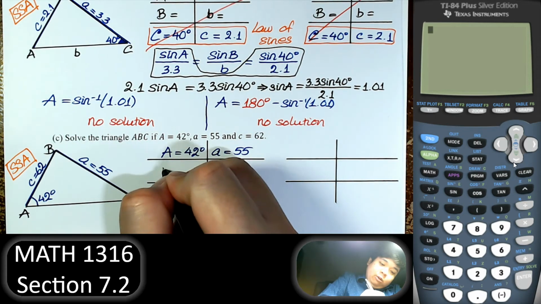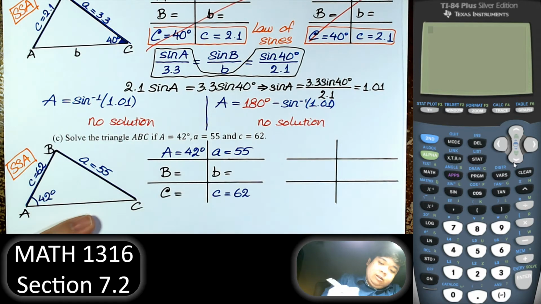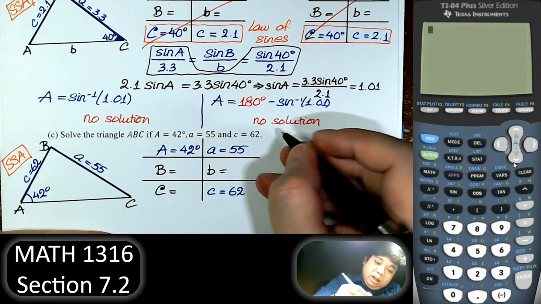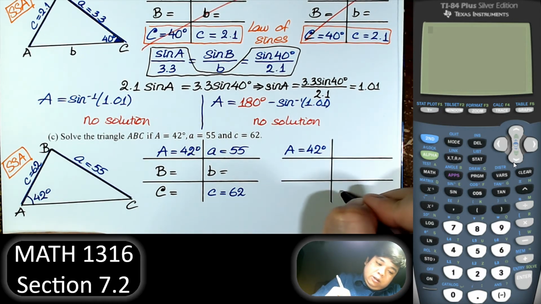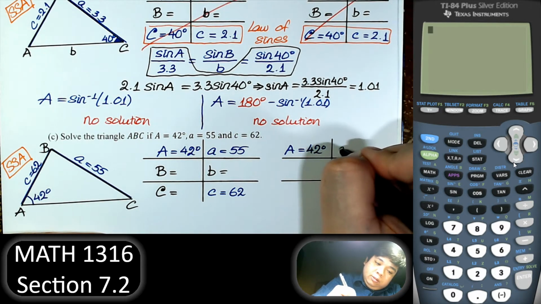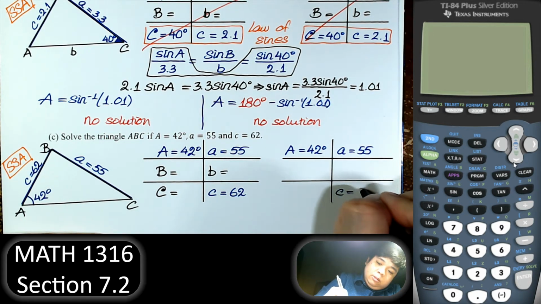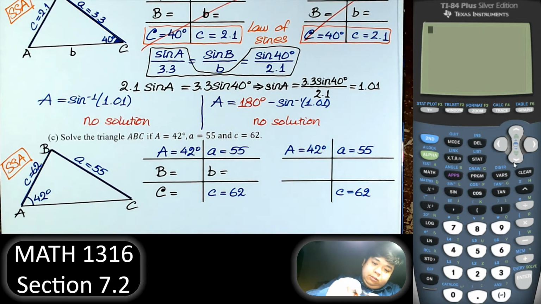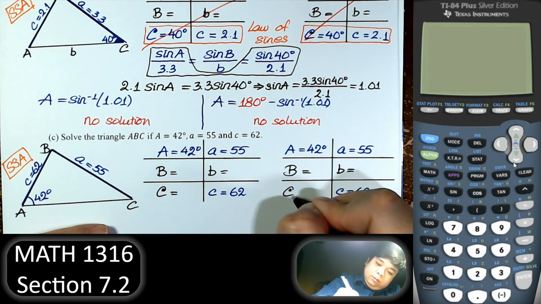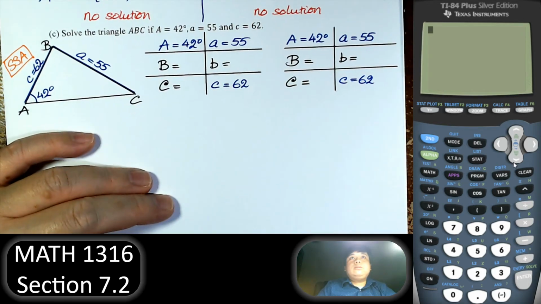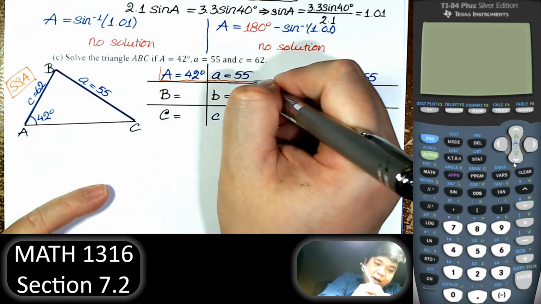Don't know angle B, don't know side b, don't know angle C. Once again, a pair of opposite side and angle.